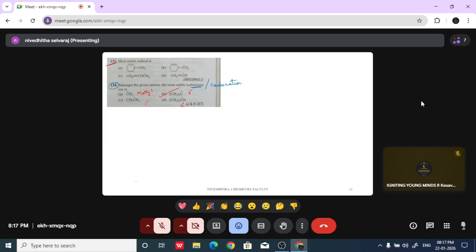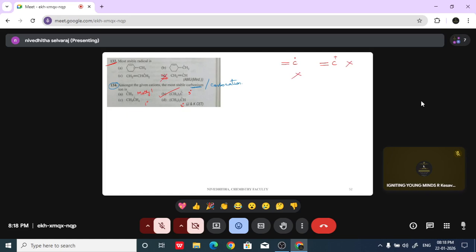So we have to find whether it is primary, secondary, tertiary, or allyl. As far as D is concerned, the carbon with only one electron is a double bonded carbon. Double bonded carbon cannot be an electron deficient carbon. It's highly unstable. Double bonded carbon cannot bear this odd electron, or a positive charge. It is highly unstable. So of course option D is unstable.